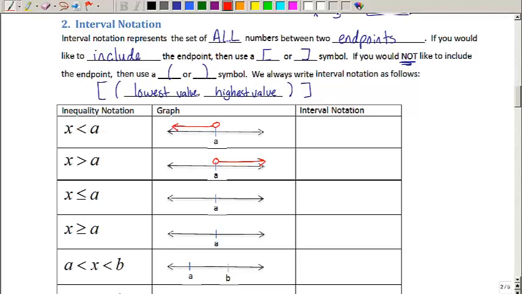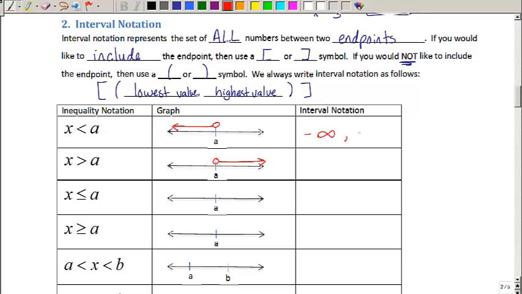The corresponding interval notation would be writing the lowest endpoint, comma, the highest endpoint. Well, in this case, for the lowest endpoint, there is no real endpoint here. The lowest value we can have keeps going and going all the way to the left as far as it can go. The symbol we use is negative infinity. Negative infinity is the lowest that x can be.